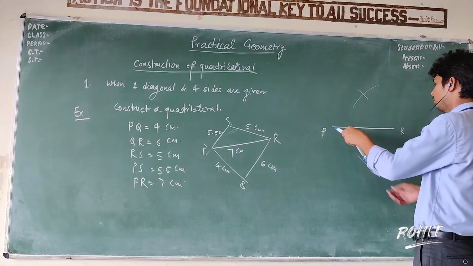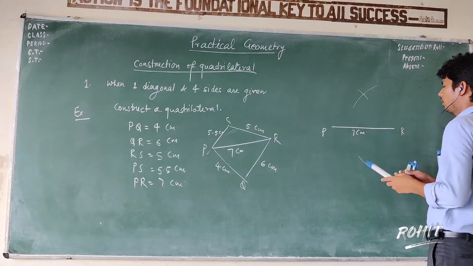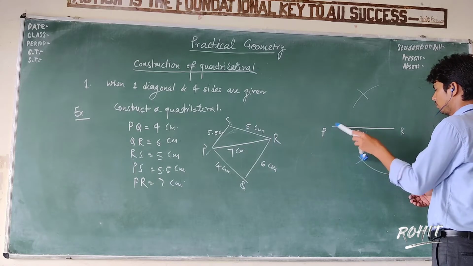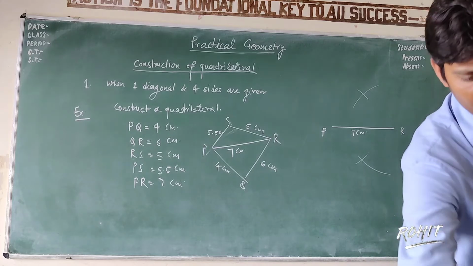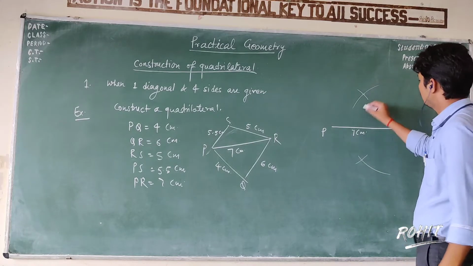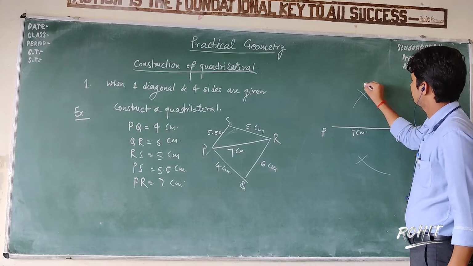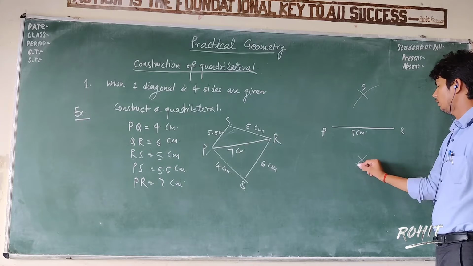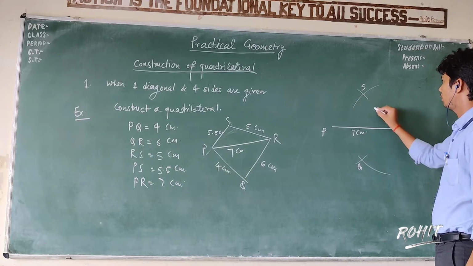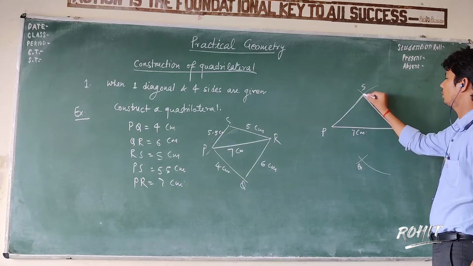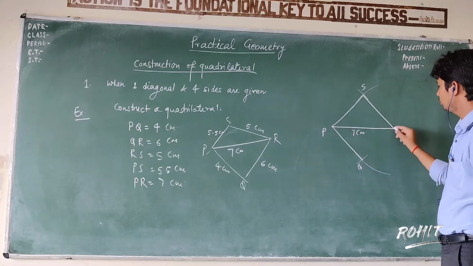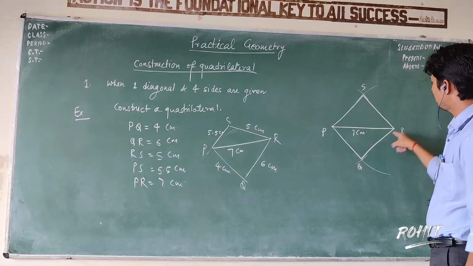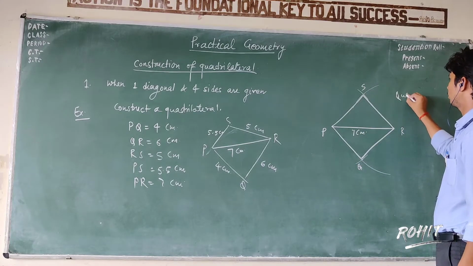Take P as center and draw the arc. Now suppose this arc intersects at S and these two arcs intersect at Q. Join R to S, P to S, P to Q and R to Q. Now PQRS, this is your quadrilateral.